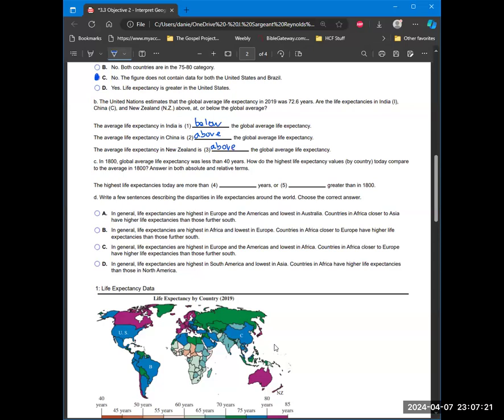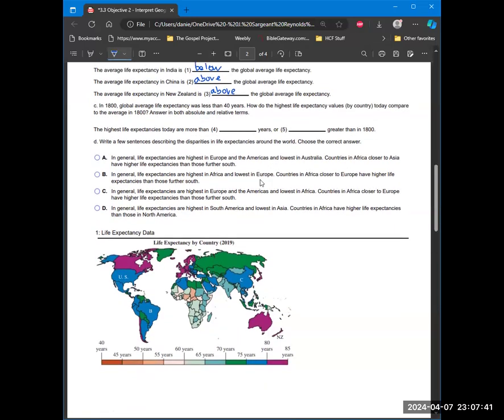In 1800, global average life expectancy was less than 40 years. How do the highest life expectancy values by country today compare to the averages in 1800? Answer both in absolute and relative terms. So the highest life expectancies today are more than, let's find the difference here between 40 and that.